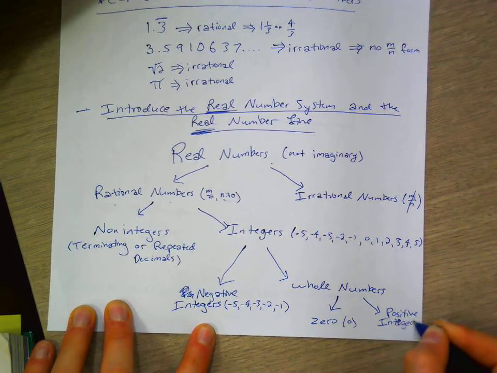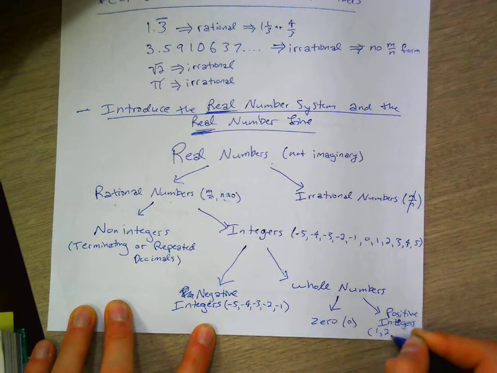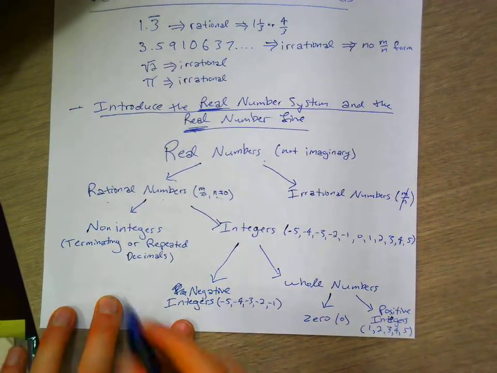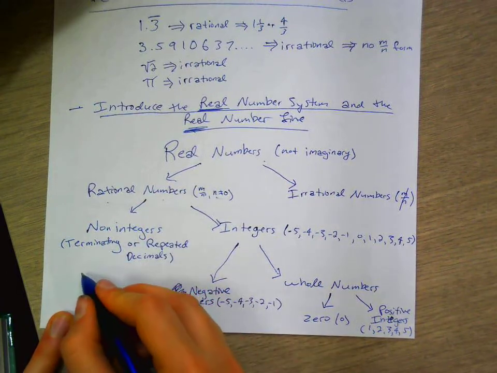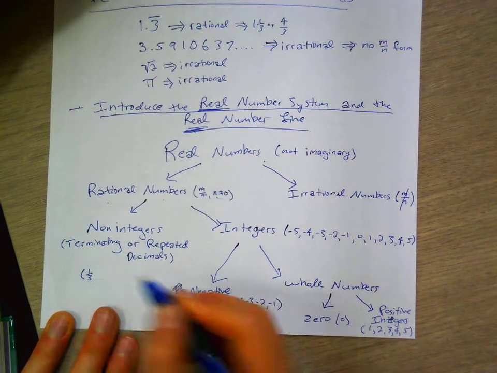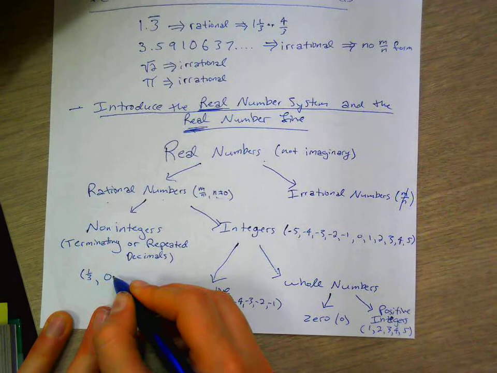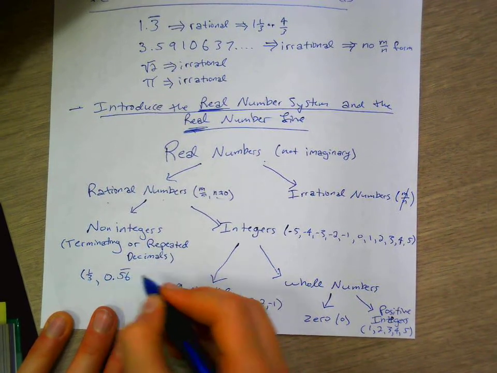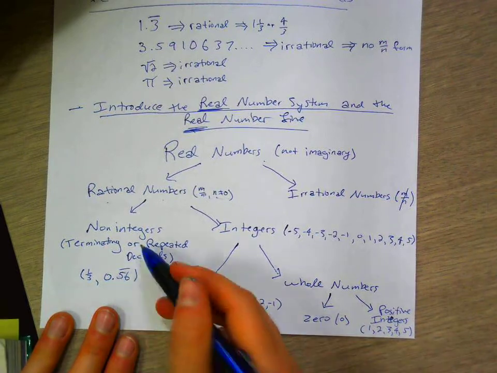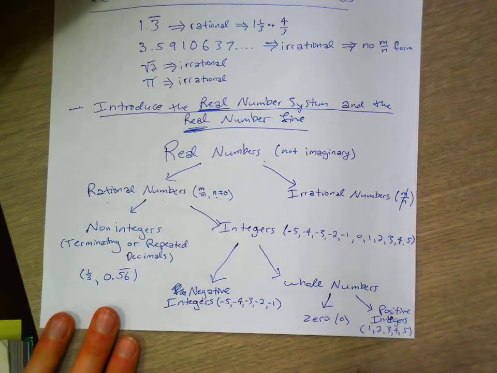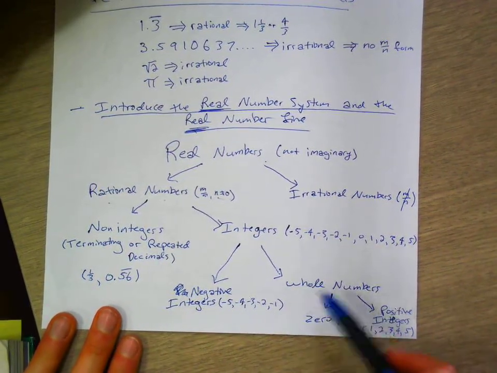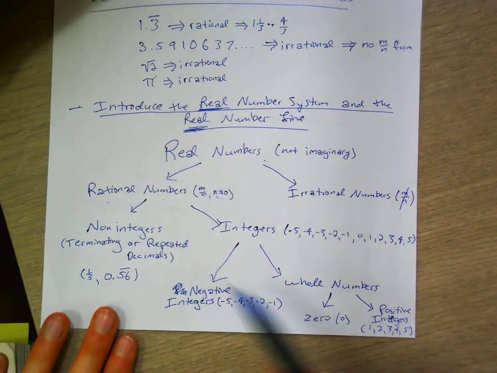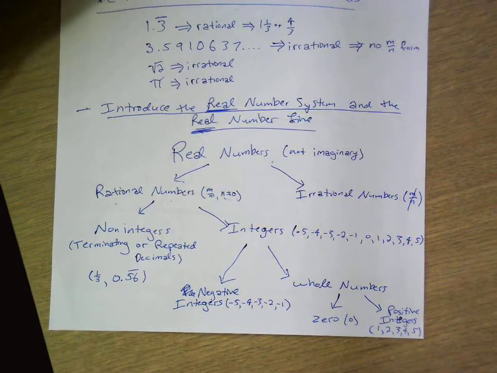Things like 1, 2, 3, 4, and 5. So over here, for our terminating and repeating decimals, we can have fractions like 1/3, or we can have 0.56 repeating. These would be examples of non-integers. Integers can be written as whole numbers, negative or positive or 0. And this is kind of how we organize our numbers.